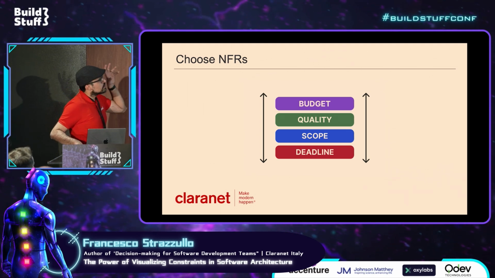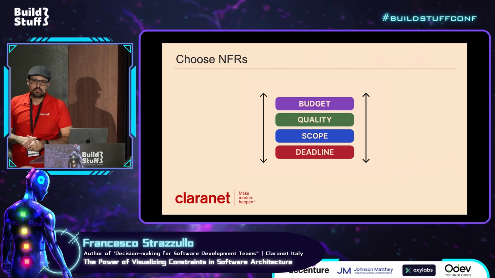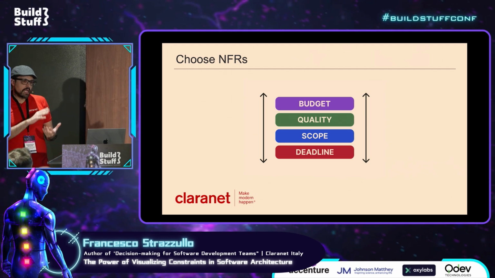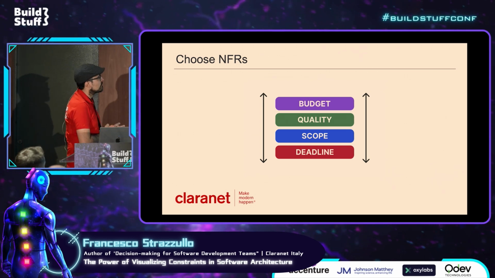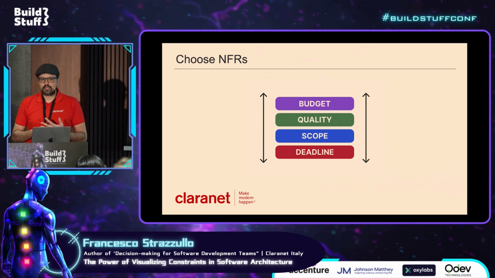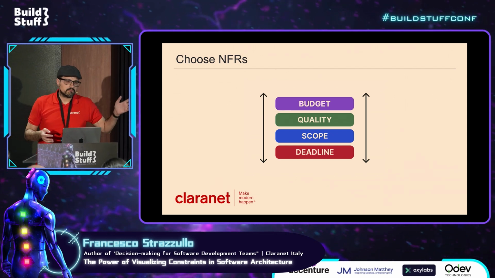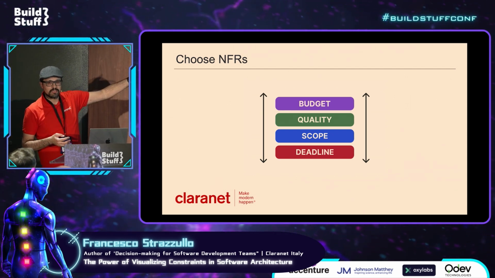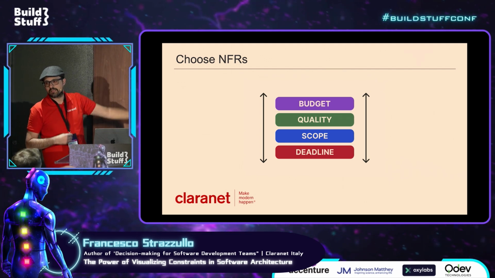So let's try with a first very, very stupid, almost naive exercise that can help shape the discussion that leads to choosing non-functional requirements. This tool is called trade-off slider, and it's as simple as making your stakeholders order these 4 items.